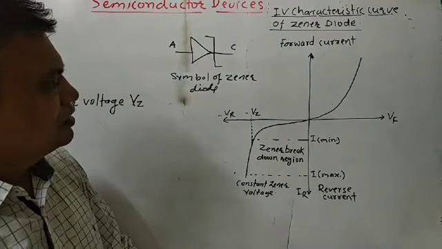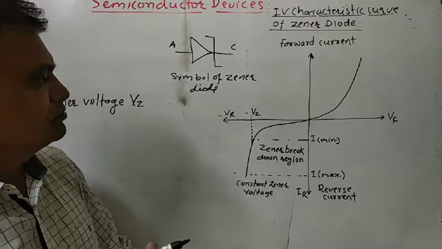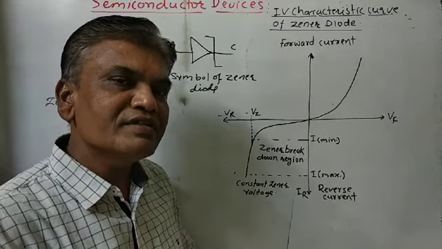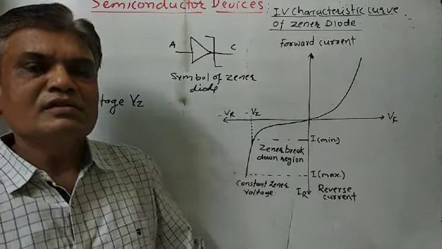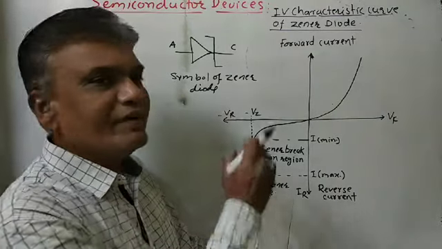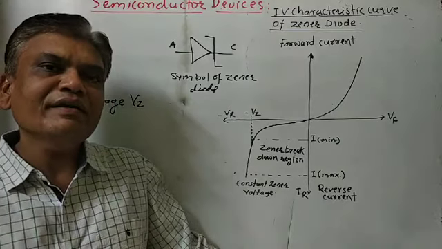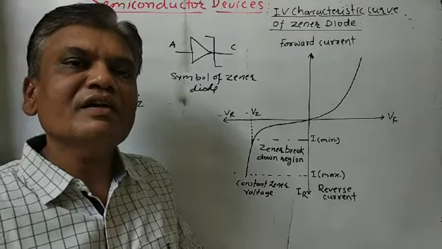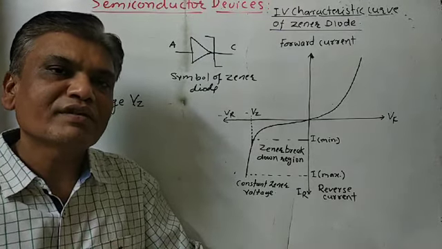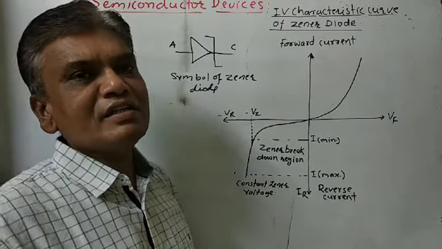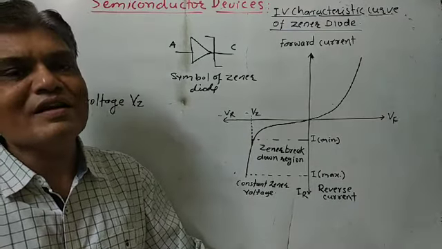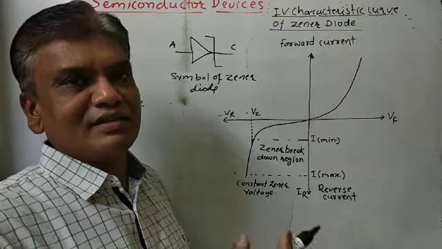The interesting point to note is that when the current increases rapidly, the voltage at which it happens is the Zener voltage. And it is interesting to note that the voltage remains constant at Vz for increasing current.